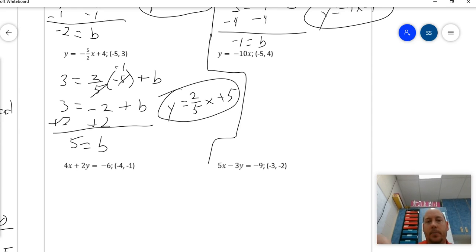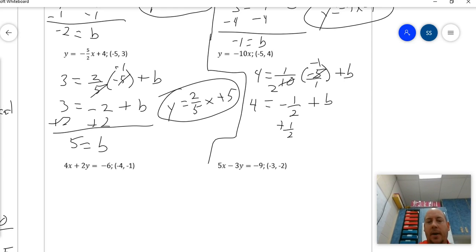All right. Next one. Y value is 4 equals my slope, the opposite reciprocal of -10, becomes +1/10 times -5 plus b. Okay, -1/10 times 5, right? Again, divide both sides by 5, so that becomes 2, that becomes -1. So I end up with -1/2 plus b.